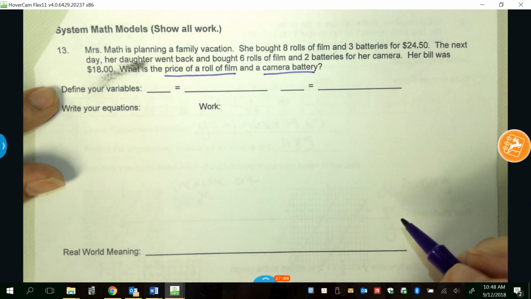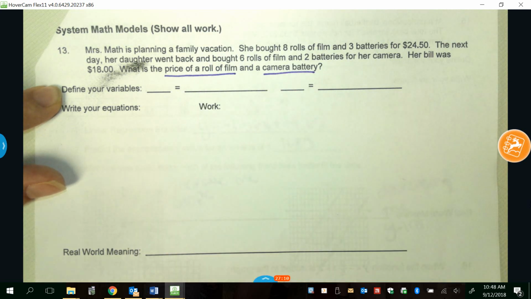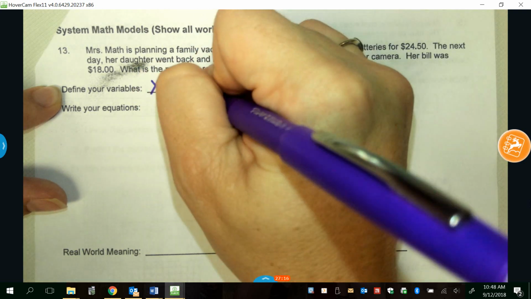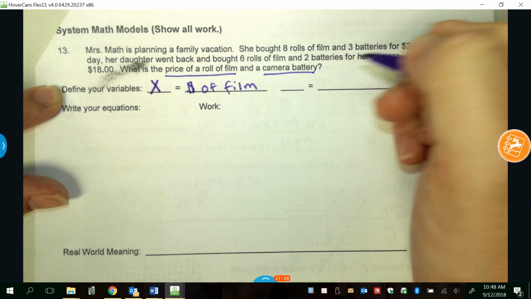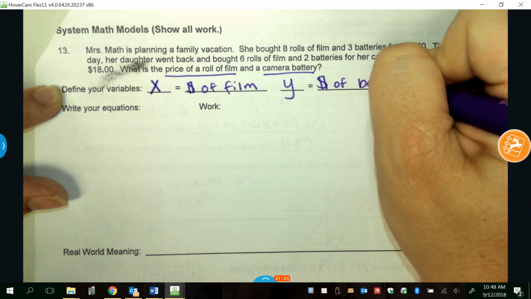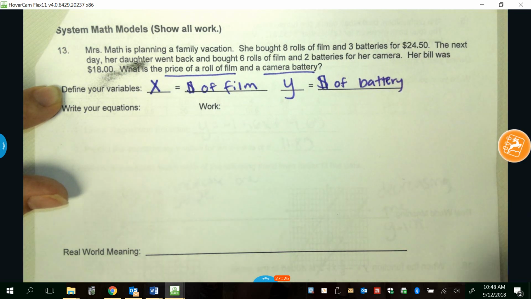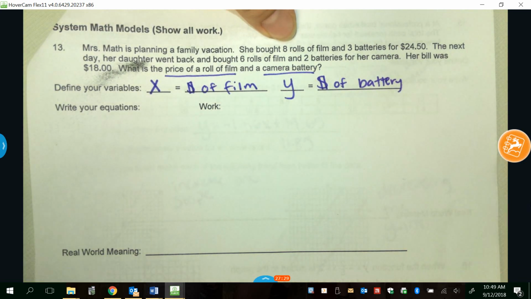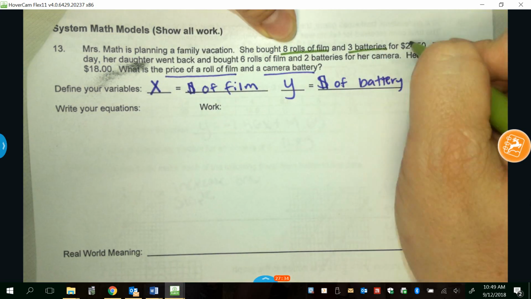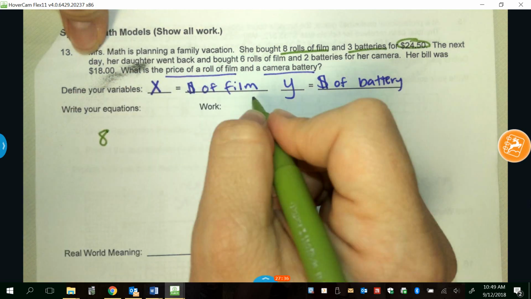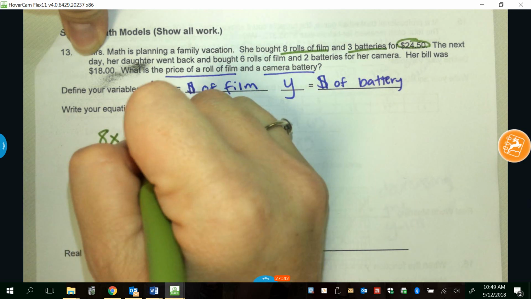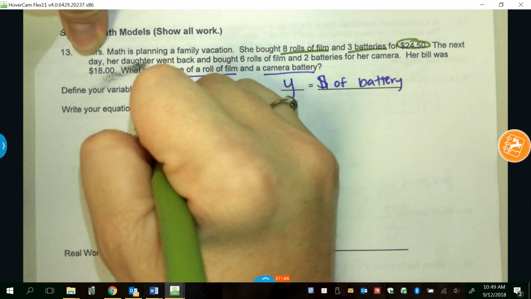So when we define our variables, those are the two things that our variables are going to represent. So we can use X, and that's going to represent the price, I'm just going to put money sign, of film. And we can do Y, which will be the price of a battery. So let's write our equations. If she bought 8 film and 3 batteries and spent $24.50, so 8 film is X plus 3 batteries, which is Y, equals $24.50.